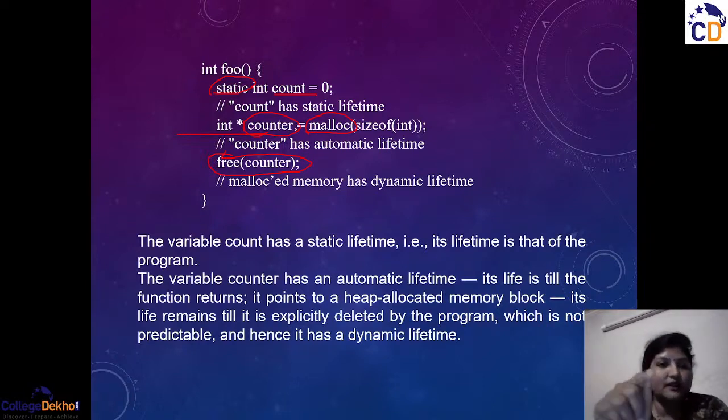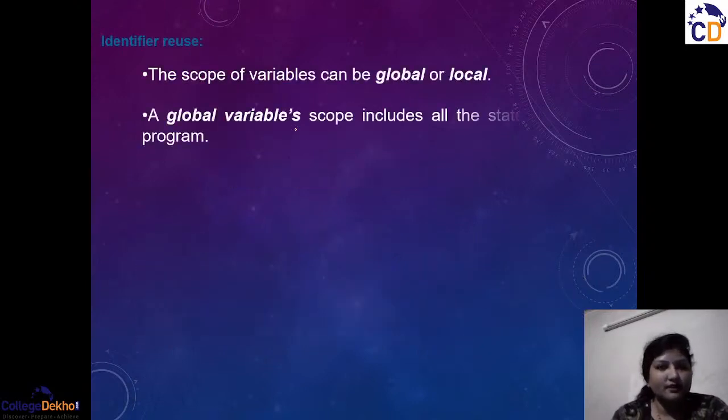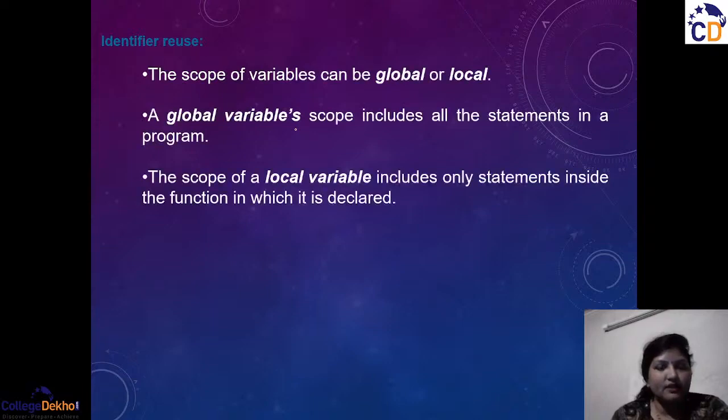So you need to free that particular variable after using that block by the program, which is not predictable, and hence it has a dynamic lifetime. So malloc memory has dynamic lifetime. This is how we have the different allocations in C programming.